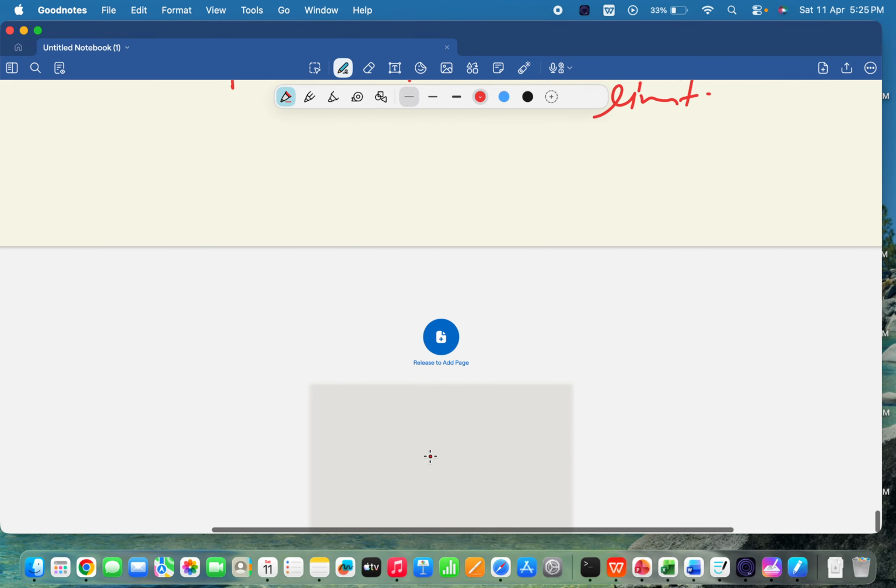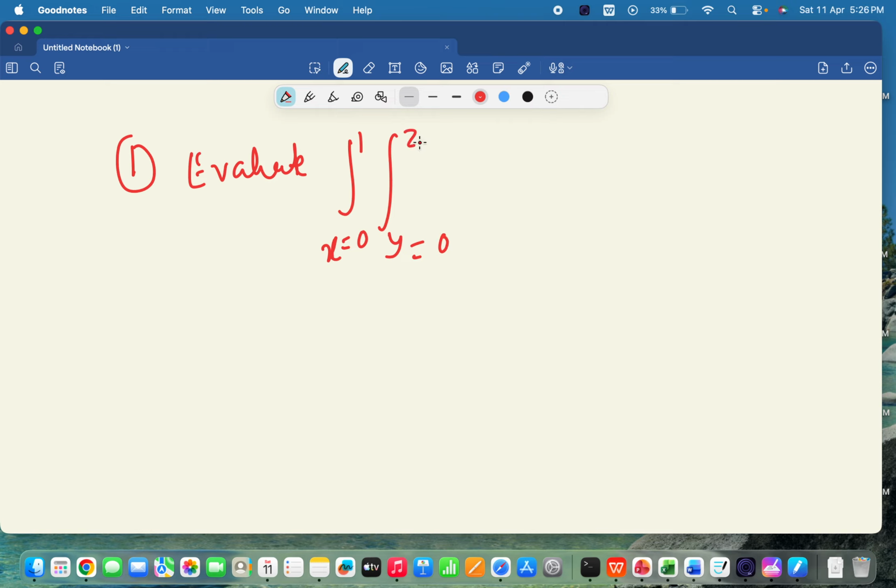Now, how to solve this limit in double integration? Just take a simple problem. Evaluate x is equal to 0 to 1 and y is equal to 0 to 2, and there will be a function, I can take x into y dy dx.